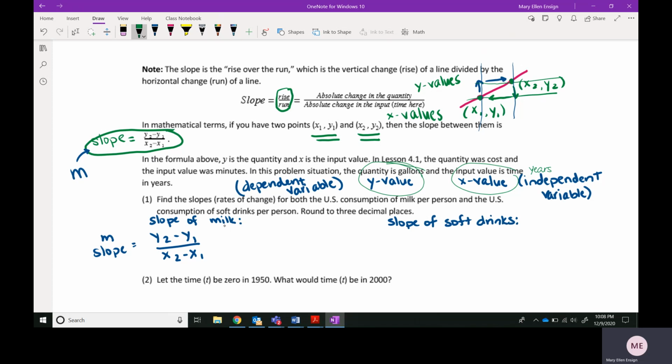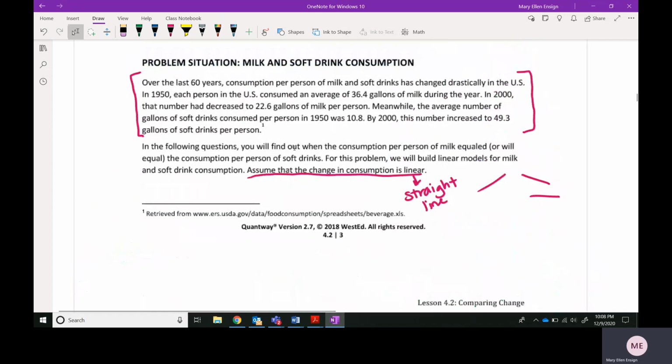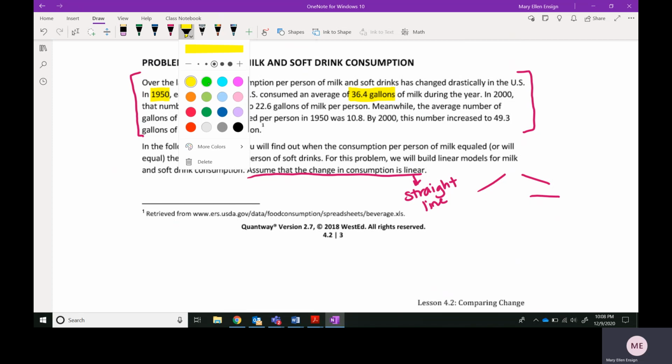So if we go back to that spot that I said we'd need to come back to, up here. Okay, here's where we have some information that we need. So let's just look at milk first, okay? So it says here, in 1950, each person in the U.S. consumed an average of 36.4 gallons of milk. So that's one piece of information, right?